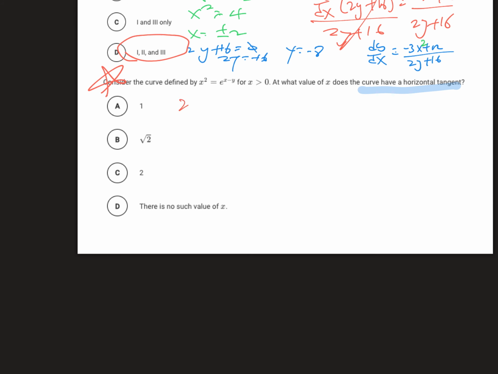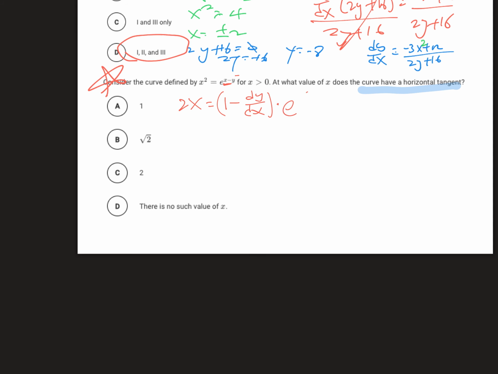Derivative first becomes 2x equals the derivative of e to the x minus y. So let's see, derivative of e to the x minus y, I gotta do chain rule, right? Because I do the derivative of x minus y first. Derivative of x is just 1, minus y, but the derivative of y is just 1, but then since it's y, I got to do dy dx, times the derivative of the whole thing.